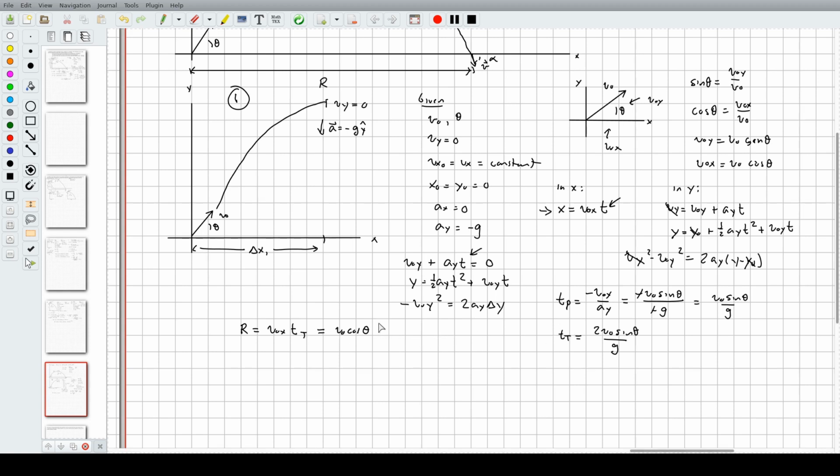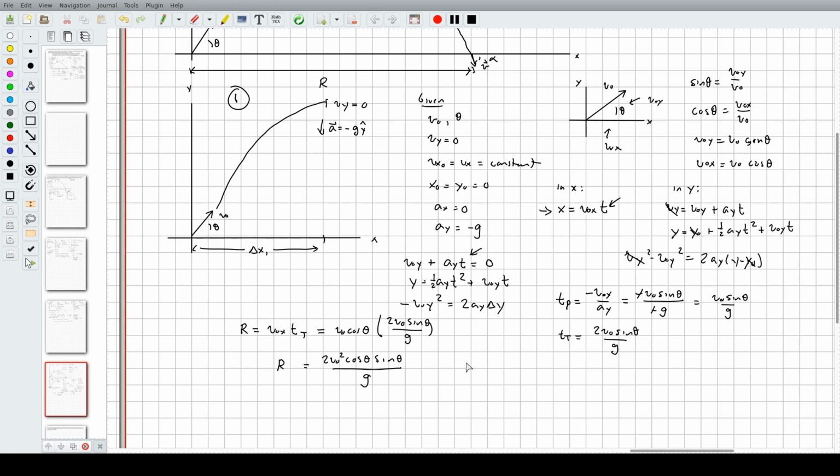The total flight time is 2 v naught sine theta divided by g. Okay? So what I see here is 2 v naught squared cosine of theta sine of theta divided by g as the range. Now we're actually going to clean this up a little bit.